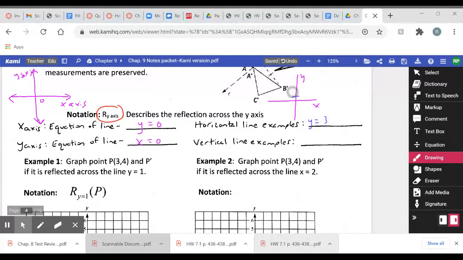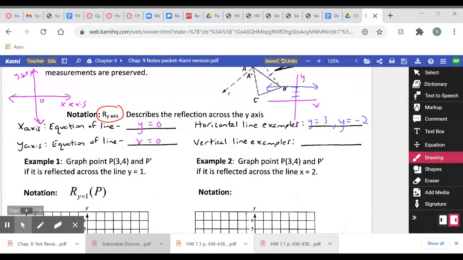So the y-axis, 1, 2, 3, here's a point, and going through the y-axis at 3 is going to be a horizontal line. Like we said a minute ago, anytime it says y equals just a number, it is going to be a horizontal line. If I say y is equal to -2, again, that means it's going through the y-axis at -2, and it's a horizontal line.